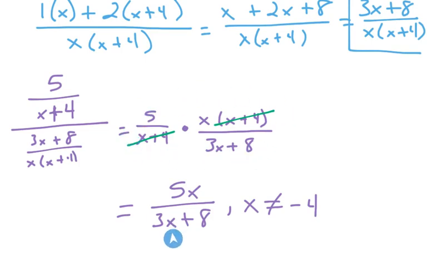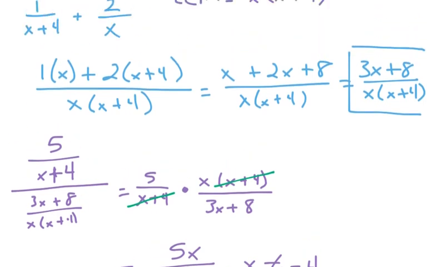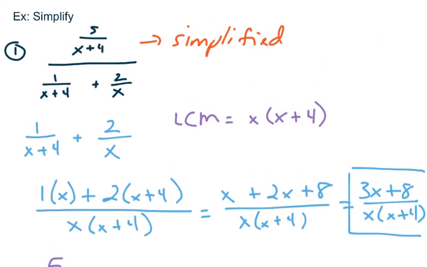However, negative 4 in my simplified expression does work. So you do need to list out that x cannot be equal to negative 4. What we also need to keep in mind is whether there were any values of x in the original expression that wouldn't also work. If you look at this fraction right here, specifically 2 over x, we can't have 0 as an x value either.